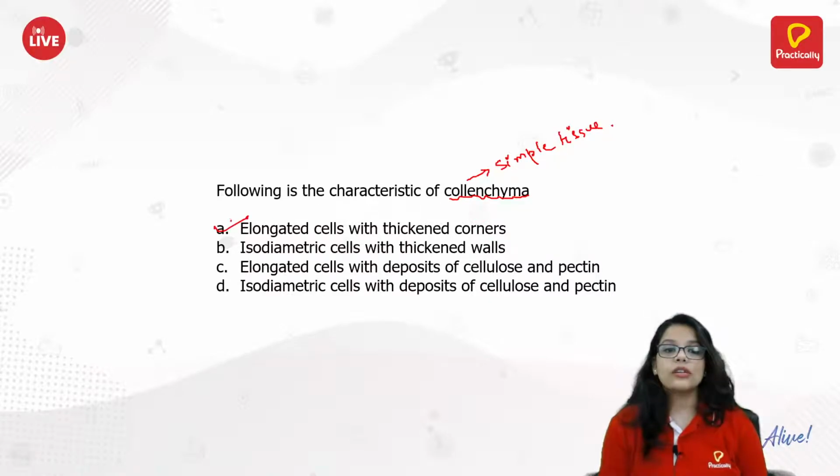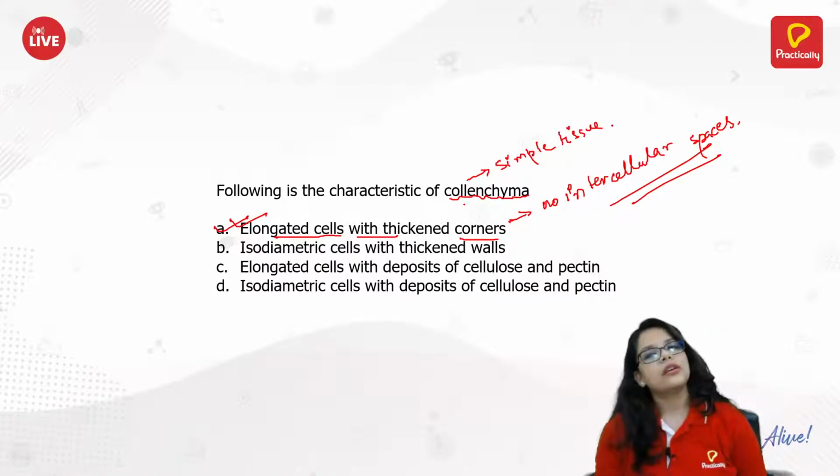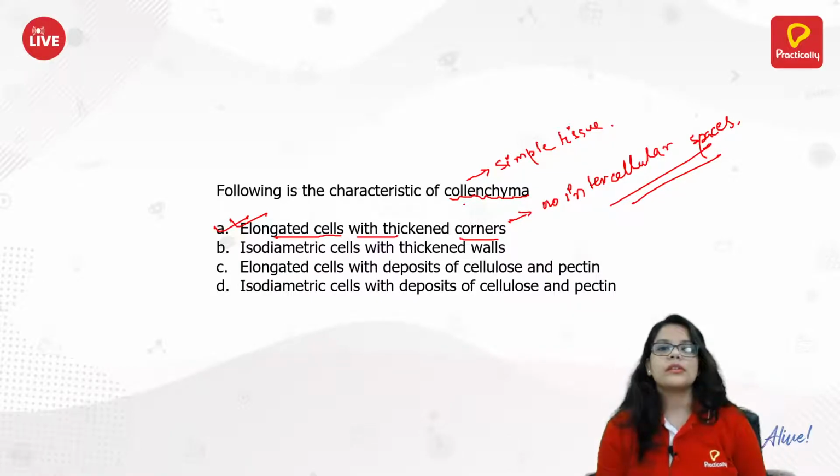These are the elongated cells with thickened corners. They have no intercellular spaces. So that is the Collenchyma. Parenchyma have spaces, even the Sclerenchyma also have, but these have no spaces.